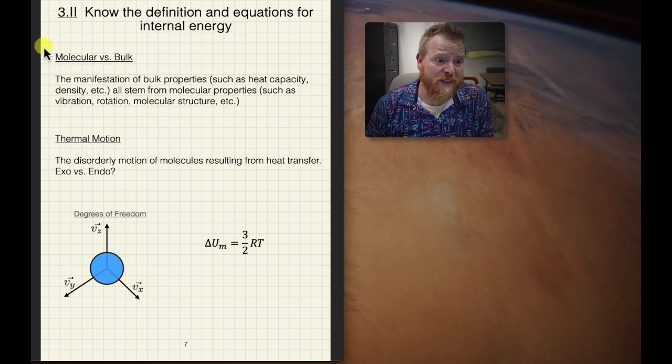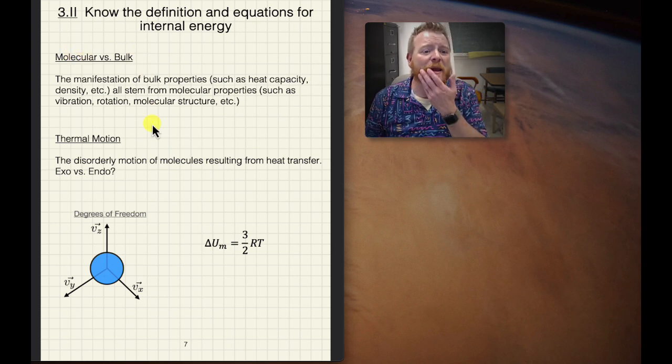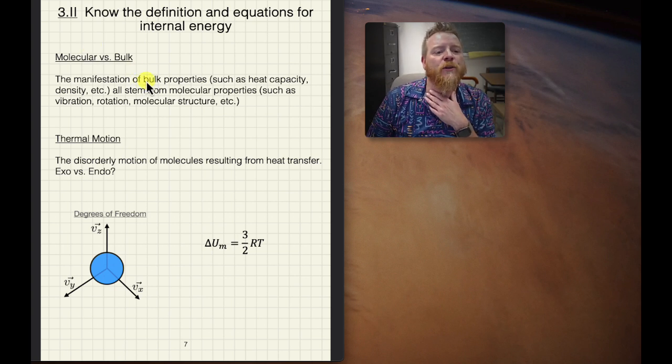Okay. So moving on, as we're going to discuss a lot in this semester, which is why we had our crash course in STEP-MEC, I'm often going to refer to the molecular versus the bulk. And what I mean by that is when we look at our bulk properties, like heat capacity, density, and so forth, I'll often refer to these as our physical observables.